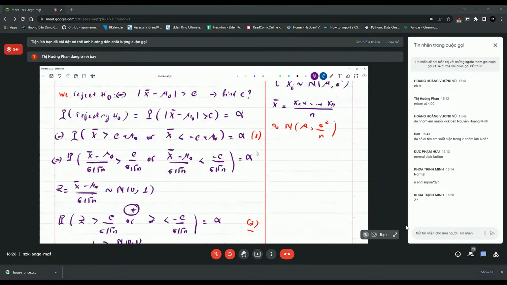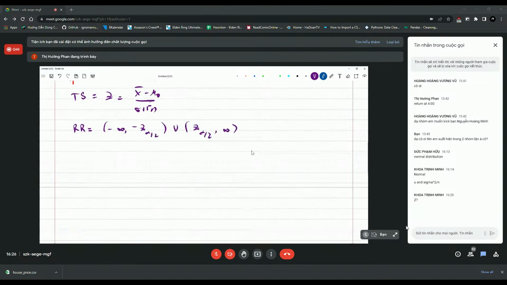Now I leave an extension question for you: how about if sigma is unknown? In this case, the variance was already given.